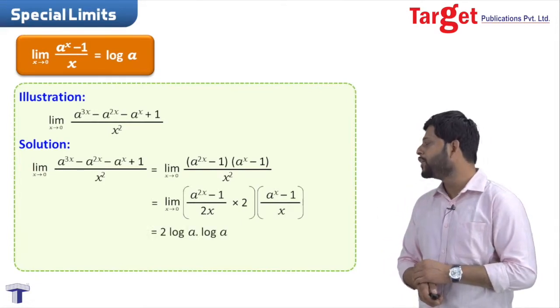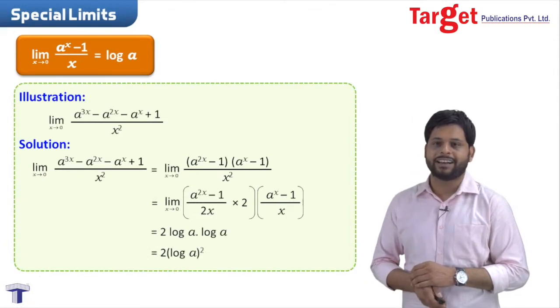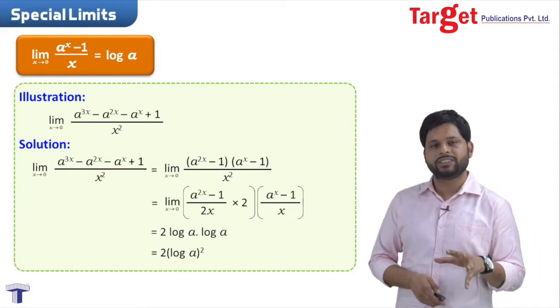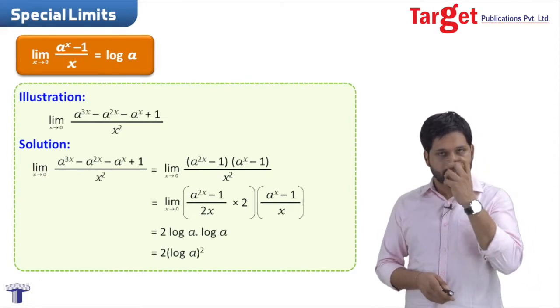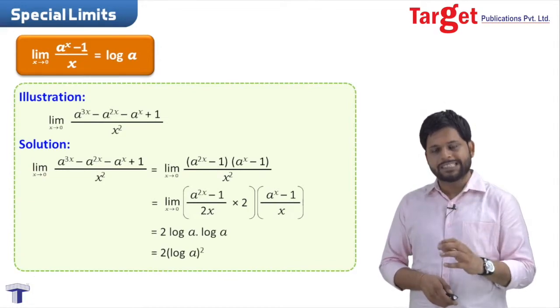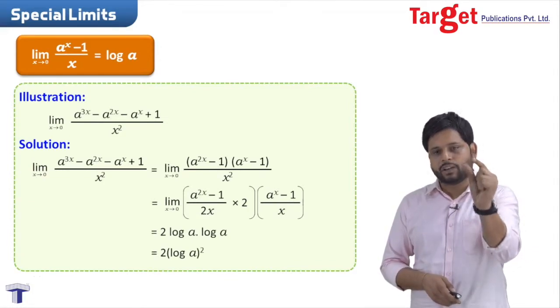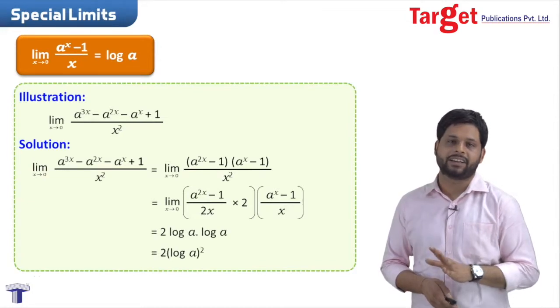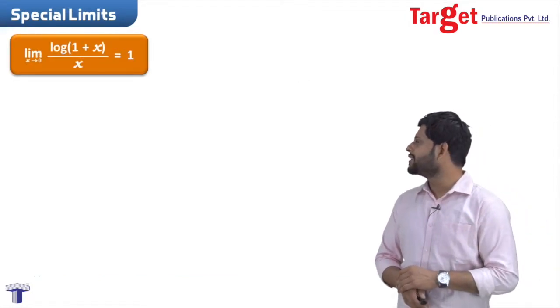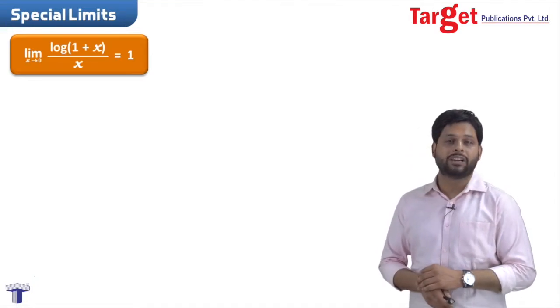So the answer will be 2 times log a into log a, that is 2 (log a) whole square. Fine, got the questions? All such questions will be done in the same manner. You just need to see that if you are having a to the power x, you need to have the same x in the denominator itself.